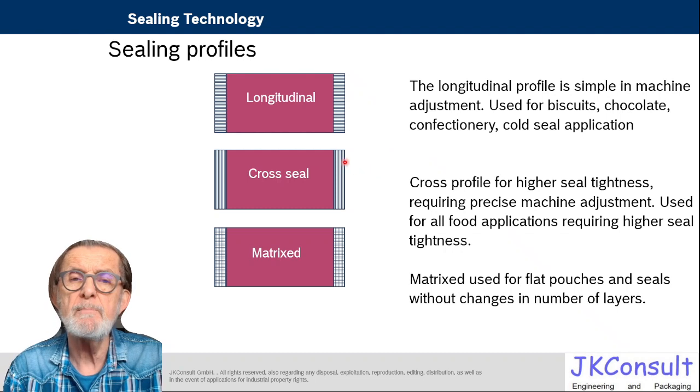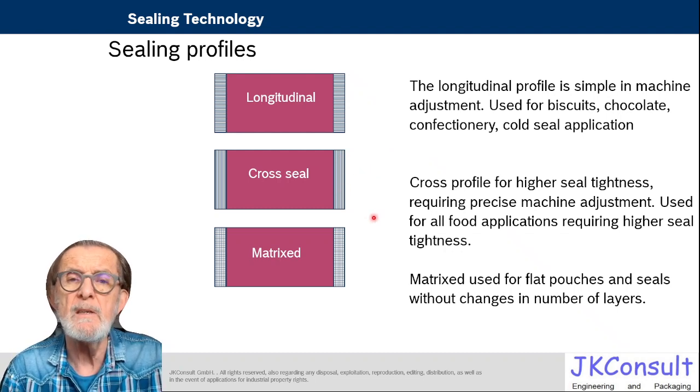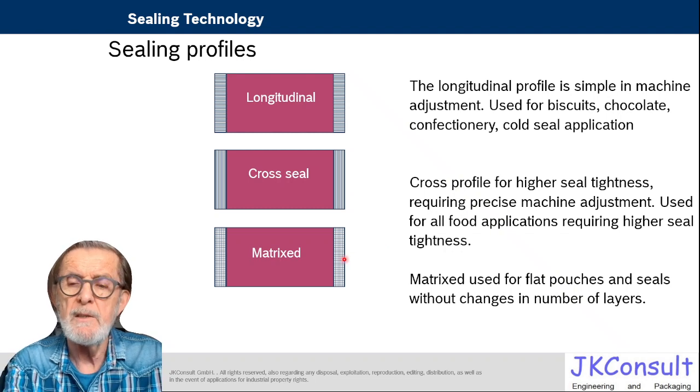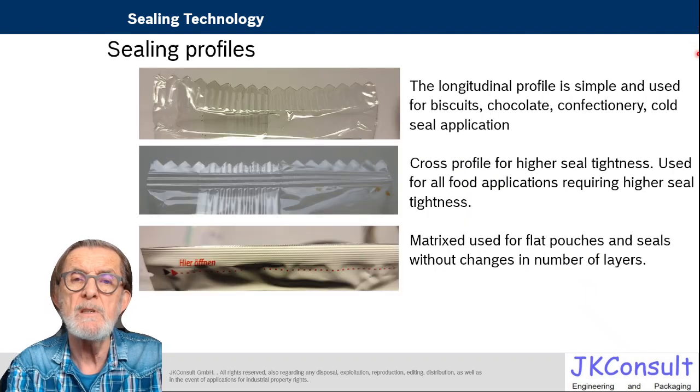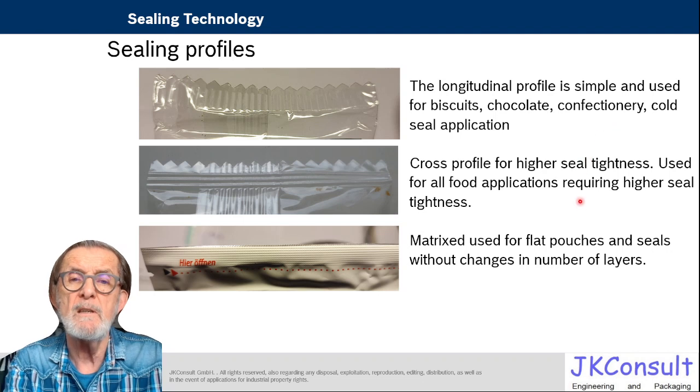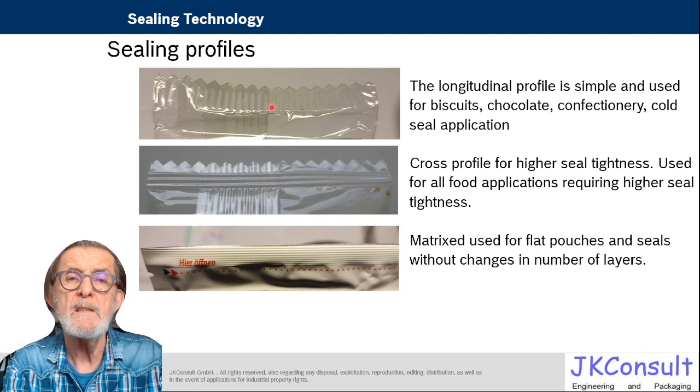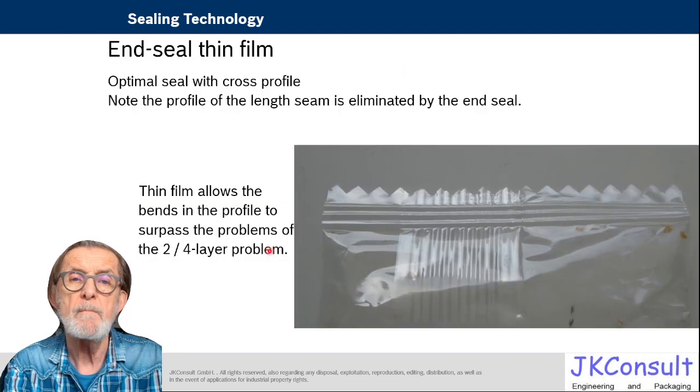Here's the crossfire profile, crosswise to the movement of the pack, and here the matrix. The matrix is used for such issues like pouches where we have no changes in the number of layers. Here you can see what it looks like in reality with thin film, this in longitudinal, crosswise, and the matrix.